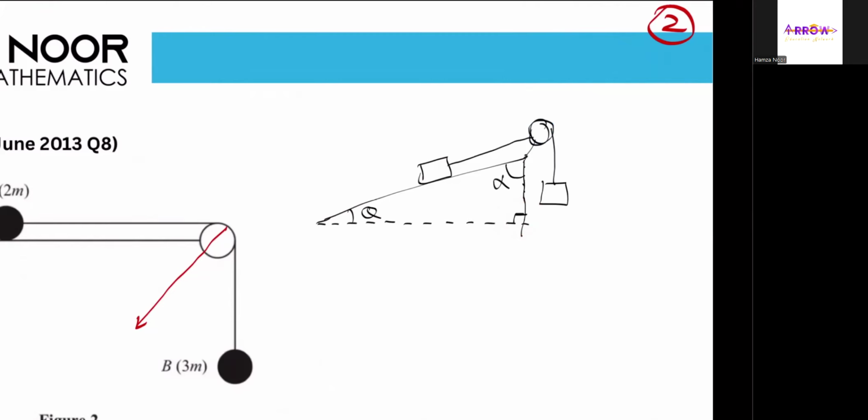So now we consider this angle alpha. And how to find angle alpha? 180 minus 90 minus theta. And then we can say 2 multiplied by T multiplied by cos alpha over 2, and here alpha is the angle between the two tensions.